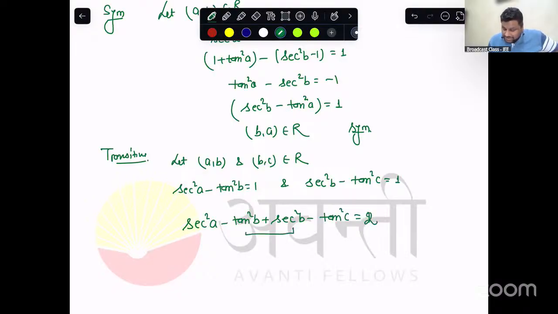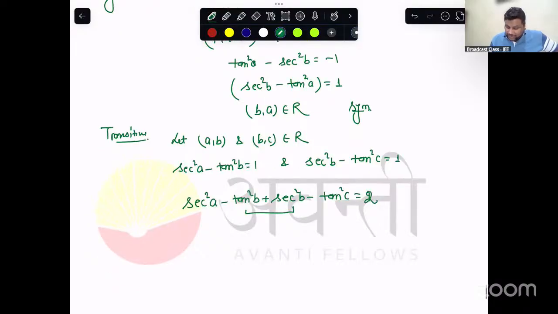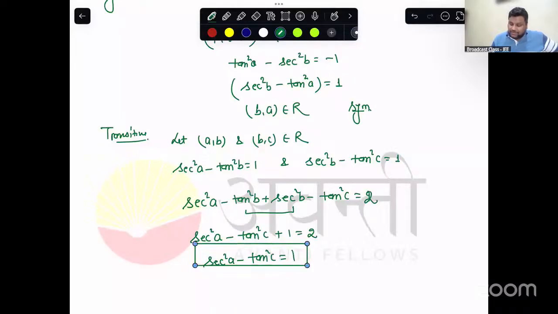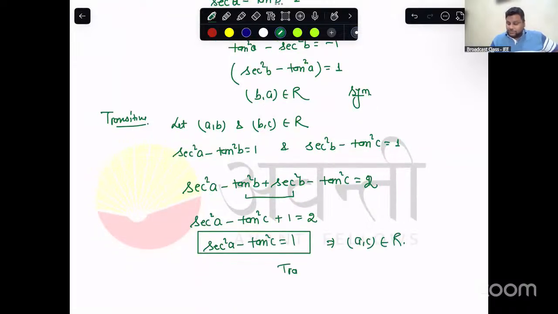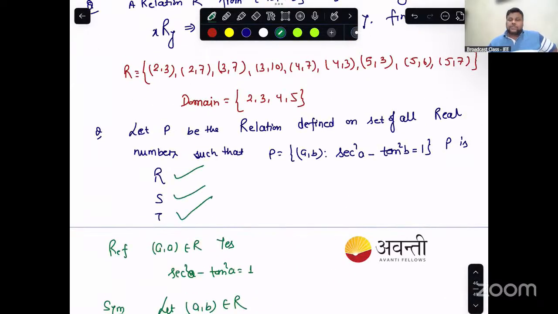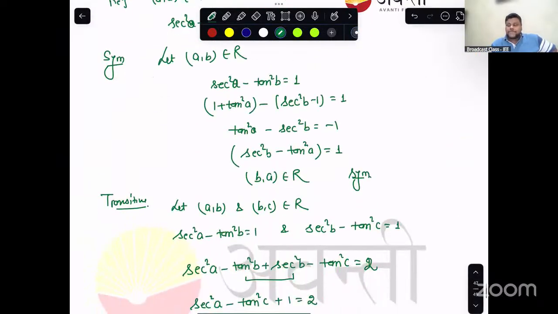This sec square B minus tan square B is 1. So sec square A minus tan square C plus 1 equals 2, so sec square A minus tan square C equals 1. That means (A, C) also belongs to the relation. So this is transitive also. Such a good question, heavily conceptual. So this is an equivalence relation. Am I correct?